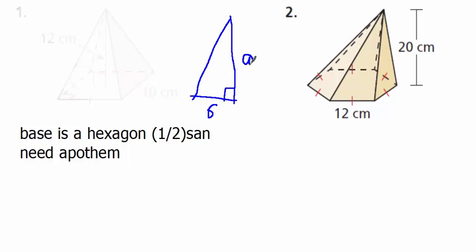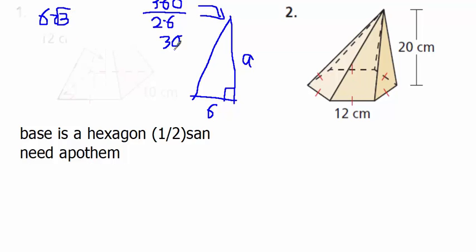I'm looking for a. In a hexagon, this angle is 360 divided by 2 times the number of sides. That gives me 30. So if this angle is 30, I might recognize the 30, 60, 90 triangle, which would give me the long leg of 6 times the square root of 3.